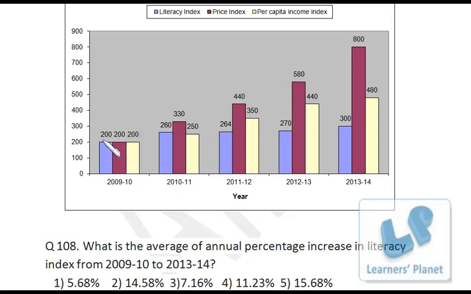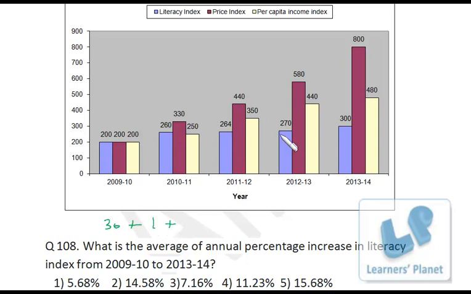So in the first year it is from 200 to 260, that is from 100 to 130, that means a 30% increase. So first year 30%, then second year from 260 to 264, so that is just an increase of 4 over 260. If 4 divided by 250 gives 1%, so it is just around 1%, right?